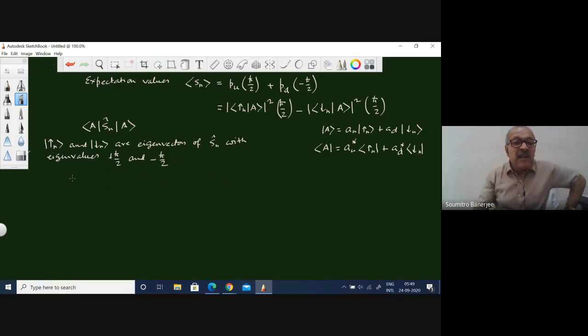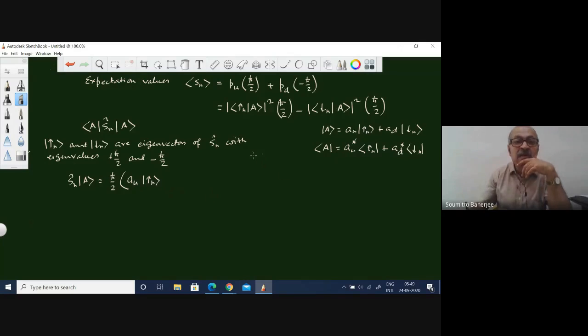So Sn operating on a ket will then be, the h cross by 2 will come forward, Au up n plus Ad down n. A is this, Sn applied on this.